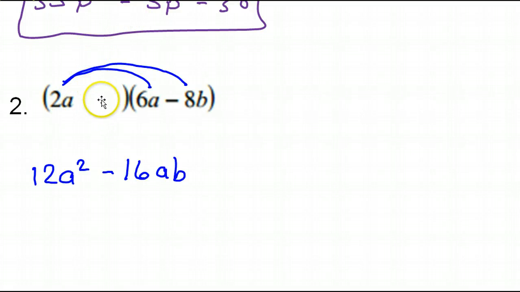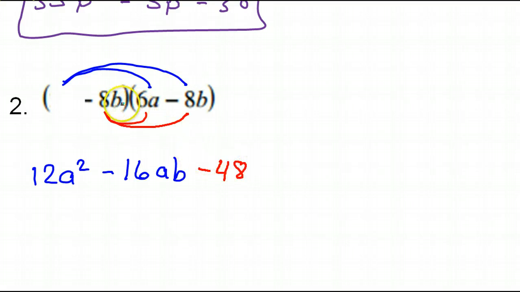Now let's switch gears. So we have -8b, and we're going to distribute that here and here. -8b times 6a. Well, 6 times 8 is 48, so that's going to be -48. And b times a is just ab.